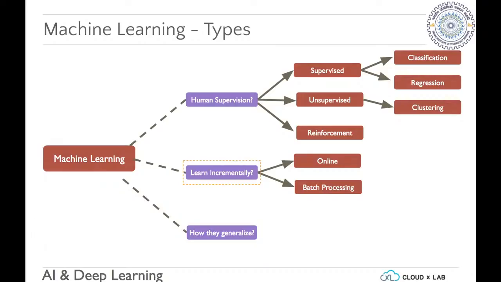So far what we learned was that machine learning, based on the task, can be classified based on three different criteria: whether it requires supervision, whether it is learning incrementally, or how well it generalizes, right? So based on human supervision, it is supervised, unsupervised, and reinforcement.